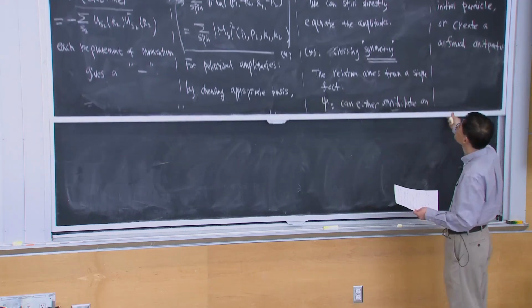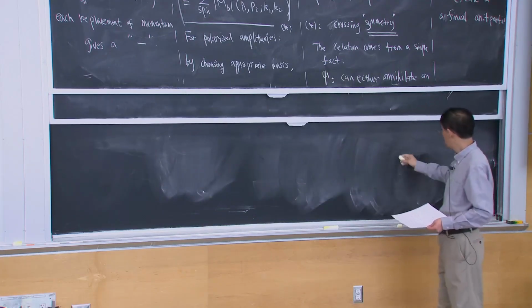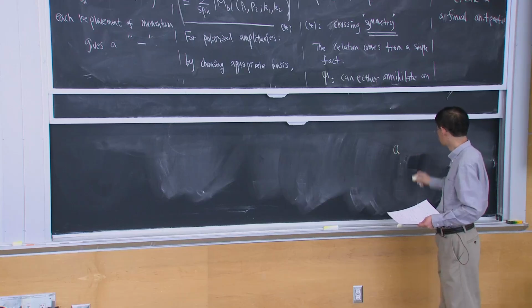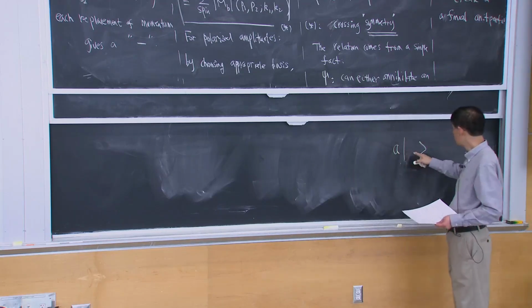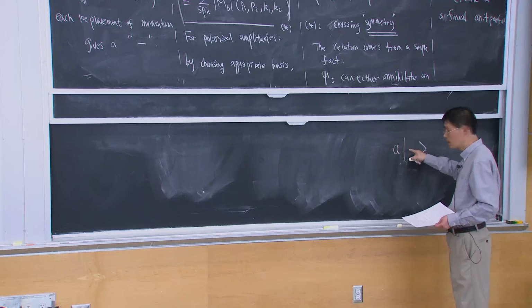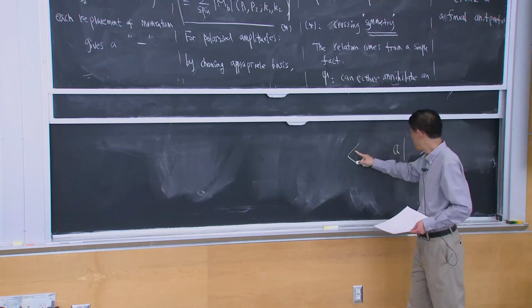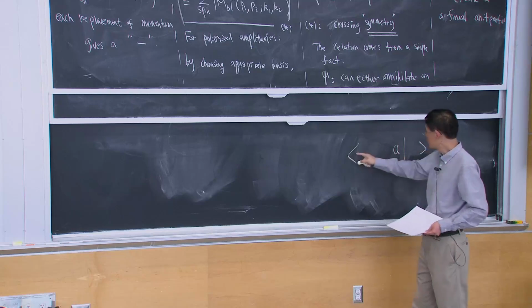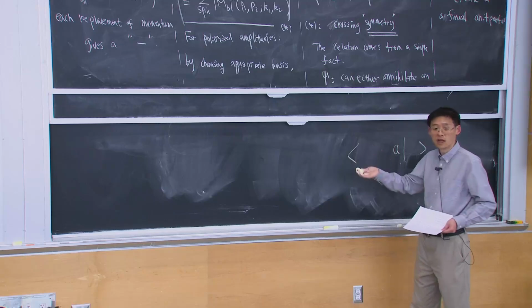Let me elaborate. If you have a particle in the initial state, then a can annihilate that particle. But if a acts on the left, a becomes a dagger, and then that creates an antiparticle.